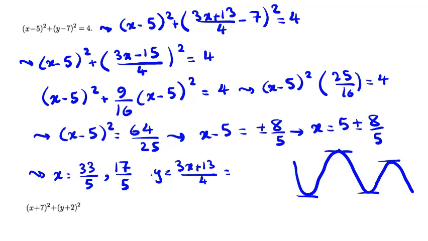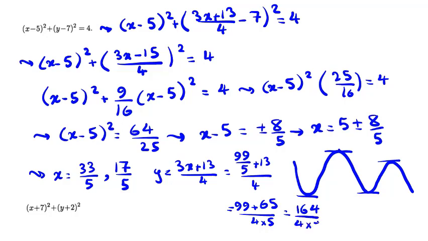For the first one, if we consider 3 times 33, let's check, 3 times 33 is 99. So 99 over 5 plus 13, all over 4, will be (99 plus 65) over (4 times 5), which is 164 over (4 times 5).